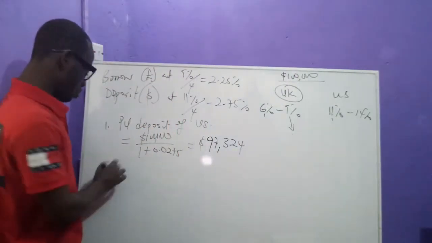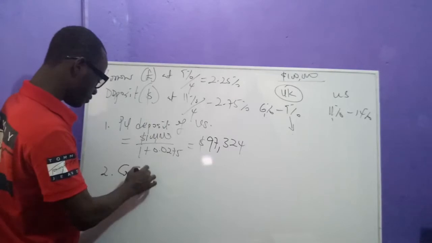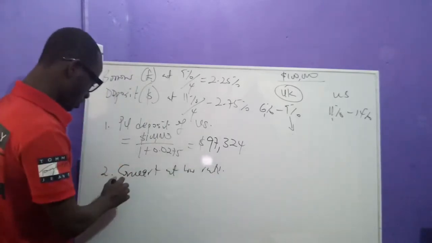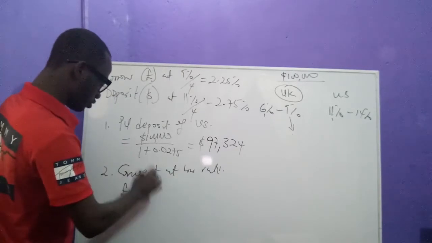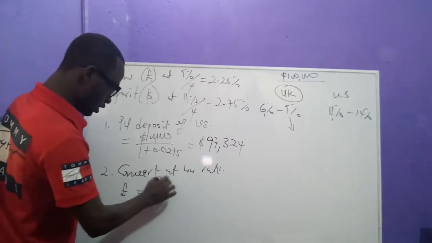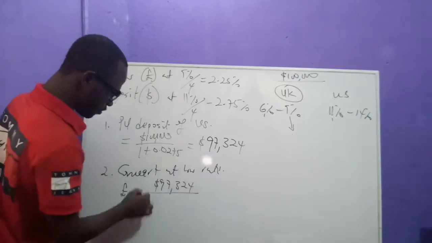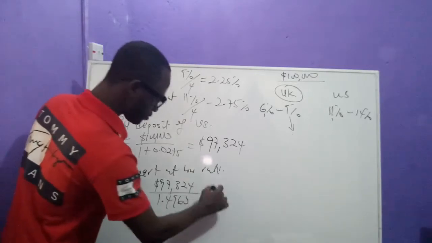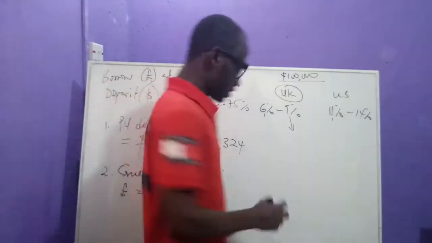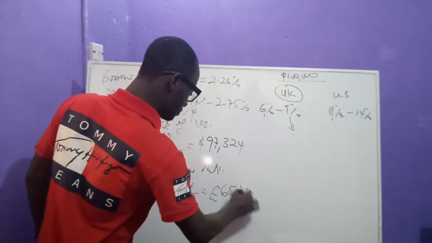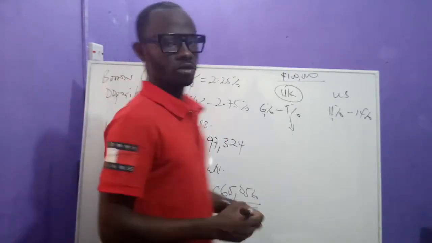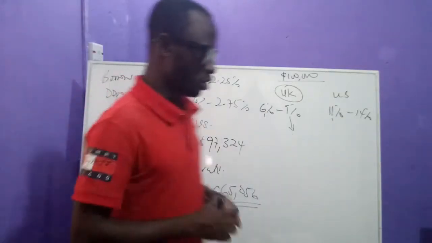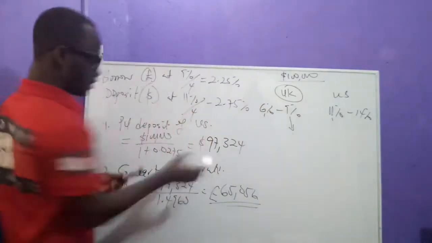So we need to buy, so we convert at the low rate, and the amount in pounds will be equal to 97,324 divided by 1.4960, and that is going to give us an amount of 65,056 pounds, right? Then this will tell us how much we're going to borrow. So the company must borrow this amount.